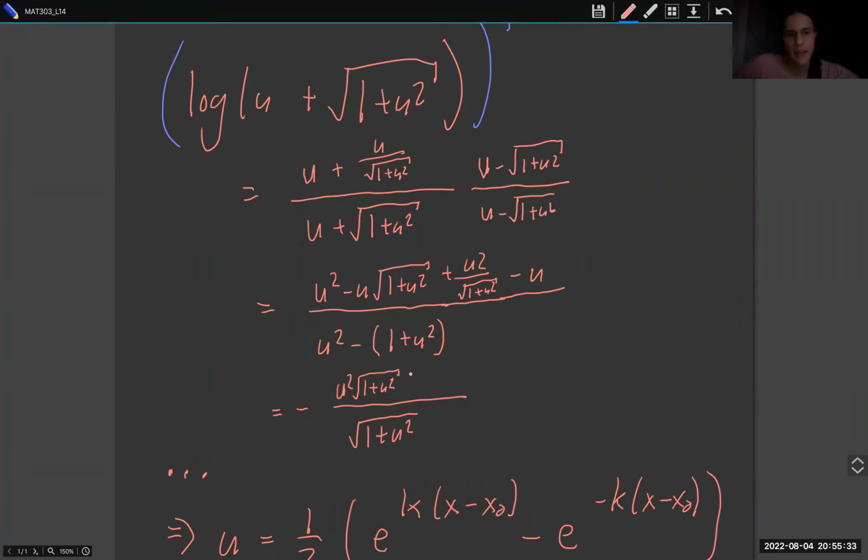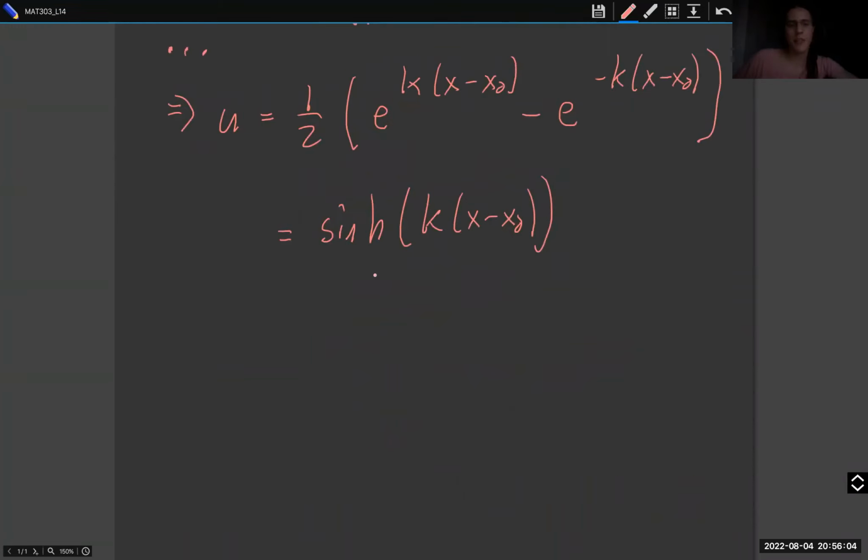Then we get negative u times 1 plus u squared. Then this is plus u squared, and this is minus u times square root 1 plus u squared. So it would all cancel out if this u were a u squared, is what it seems like.